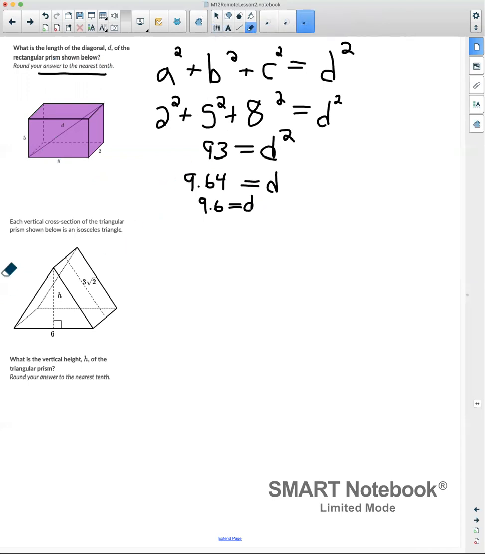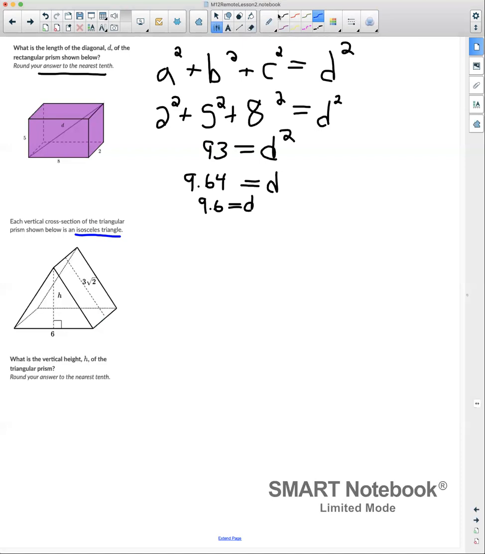All right, over here, you have this isosceles triangle. So we have 3 radical 2 for the hypotenuse. We have 6 for the base of that right triangle, and we need to find out the height.